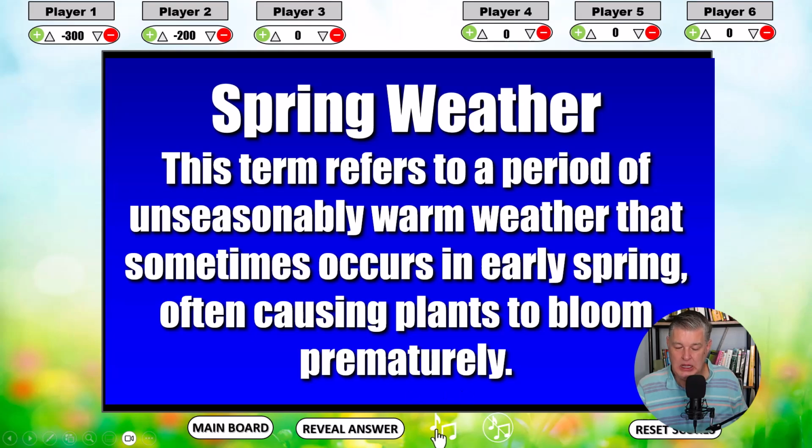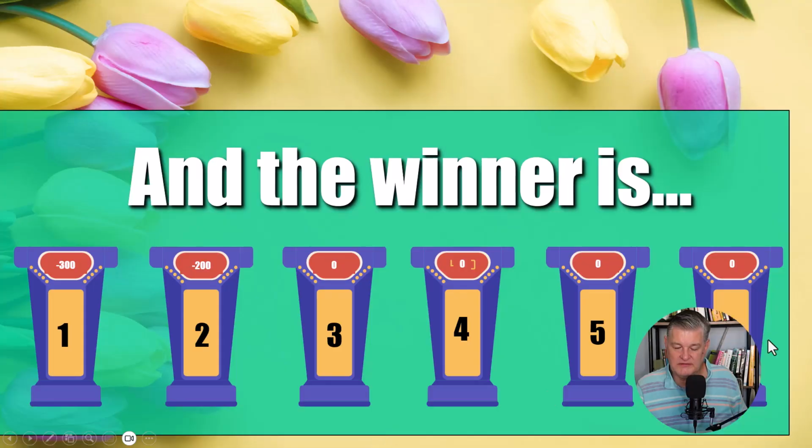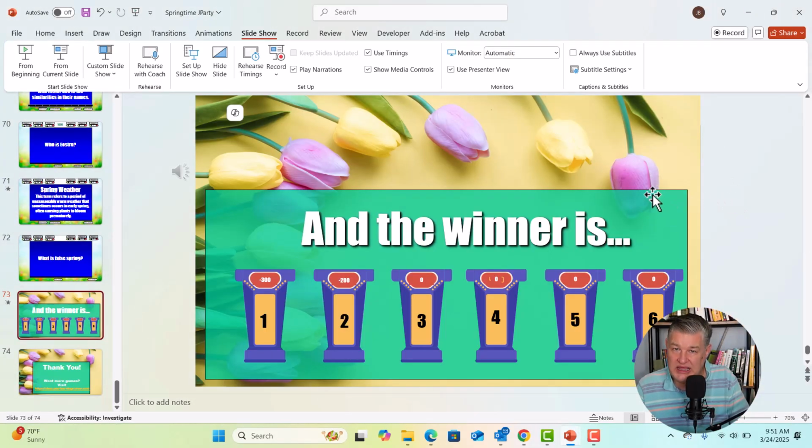And then I reveal the answer and I can go to the final scores, and you'll see that the scores show up across this to show who has the most points. Oh, look, with negative 200, number 2 wins. Yay. All right, so that is how you play the game.